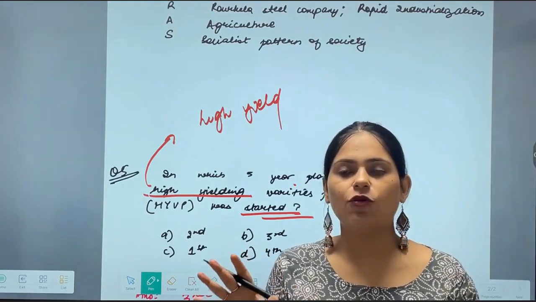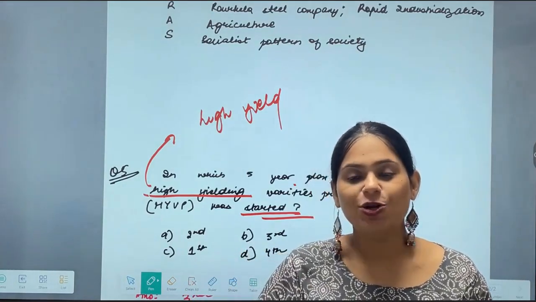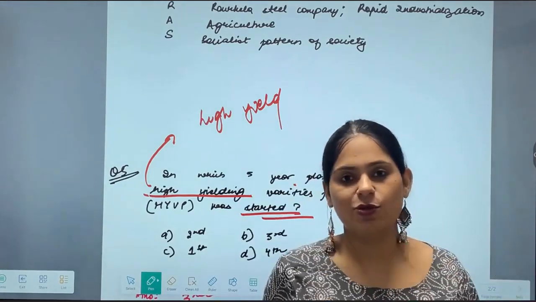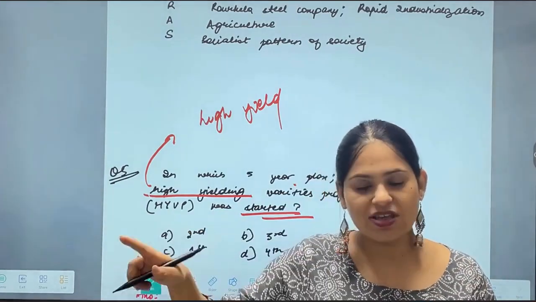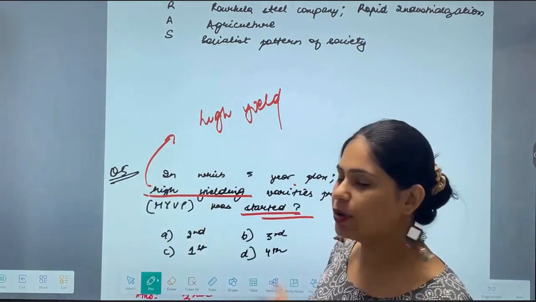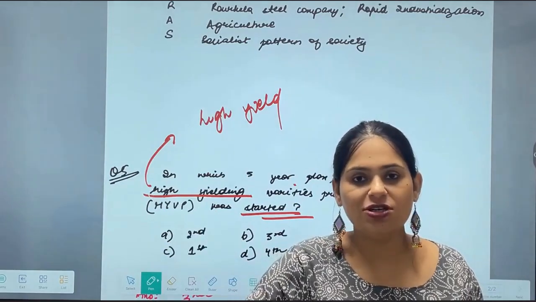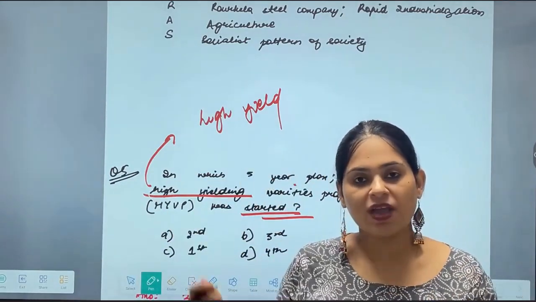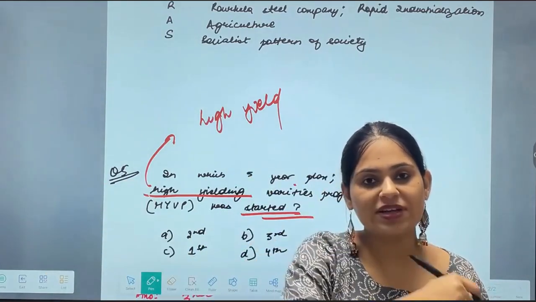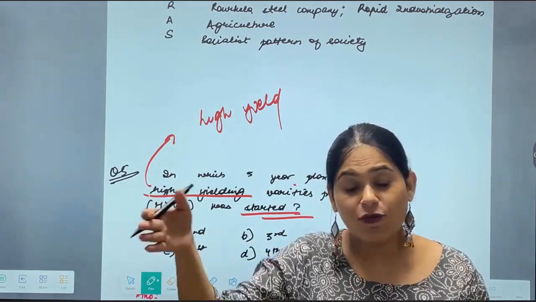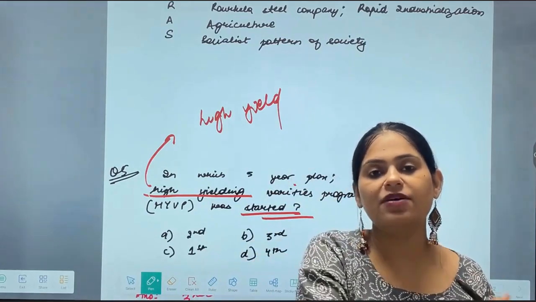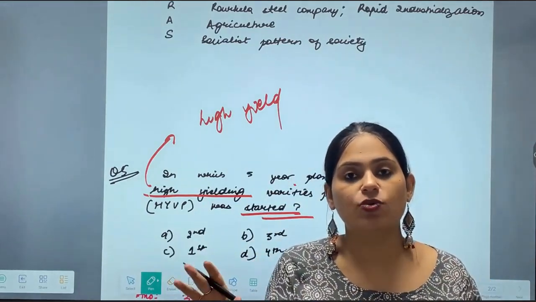That means I am focusing on agriculture to go towards green revolution. If I reword this, it's a way of saying I want to focus on agriculture to increase productivity. I want to focus on agriculture to increase the yield of crops. I want to focus on agriculture so that I use better quality fertilizers.